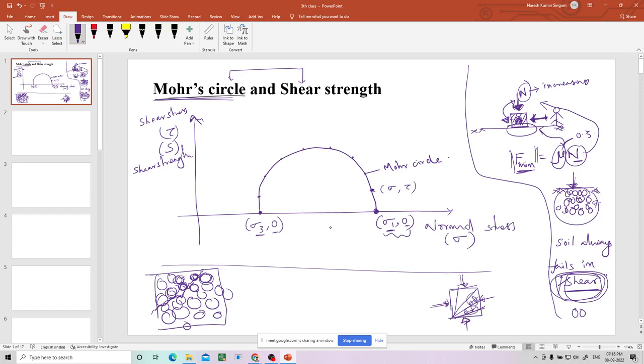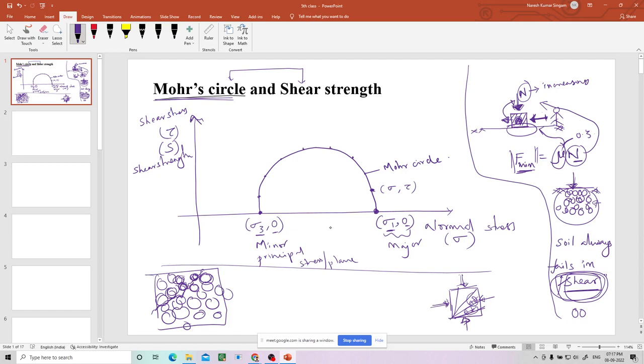Both are principal planes, but the plane which has more normal stress along with 0 shear stress is called the major principal plane, and the plane which has minimum normal stress along with 0 shear stress is called the minor principal plane. The stress acting on it is the minor principal stress, and in the same way the major. This is how the Mohr circle works.